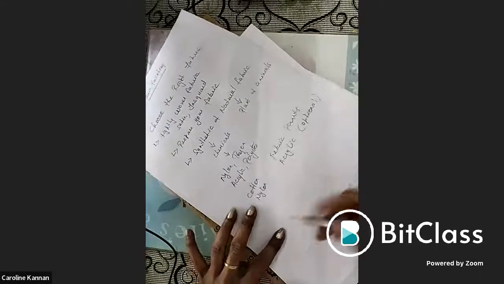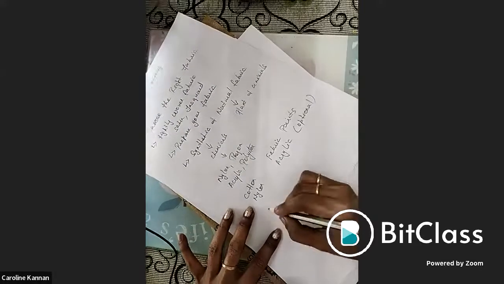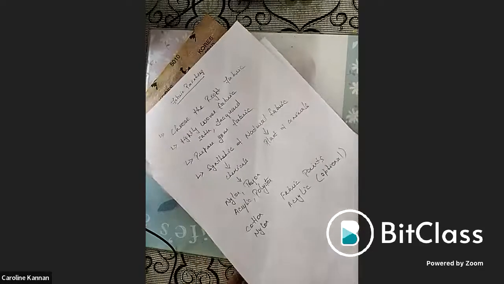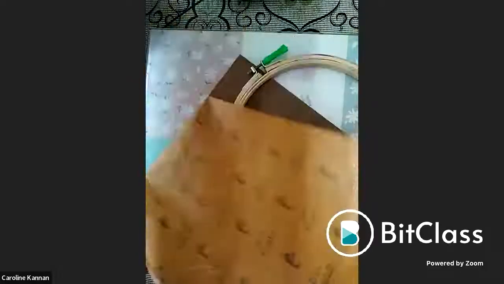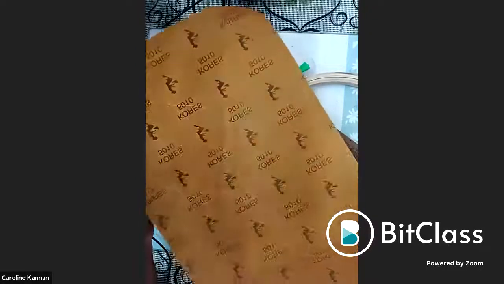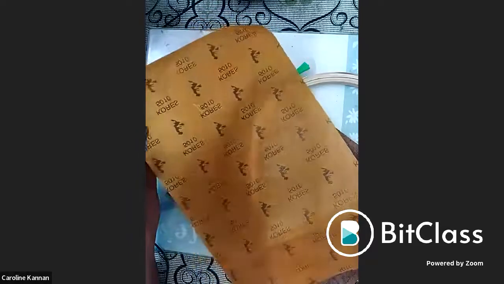So other than the paints, we will move on to the tools that we will be requiring. We will move on to the practical stuff now. You will be requiring frames like this. You'll be requiring a carbon paper. This carbon paper is called the yellow carbon paper, which you will get in any stationery store.